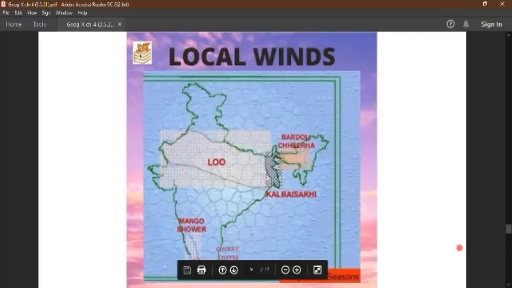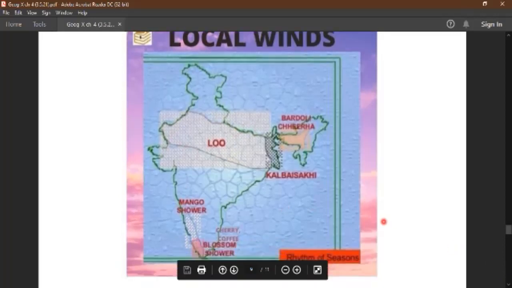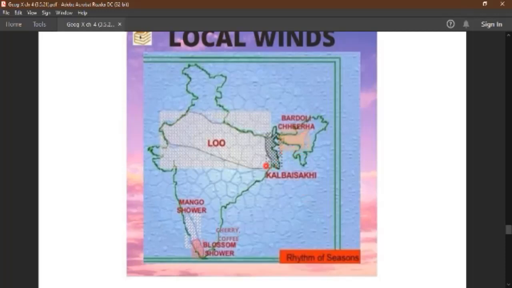The thunderstorms accompanied with strong winds and heavy rainfall occur in Assam and West Bengal. These local winds are known as Kal Besakhi, means the calamity of the Baisakh month in West Bengal region.